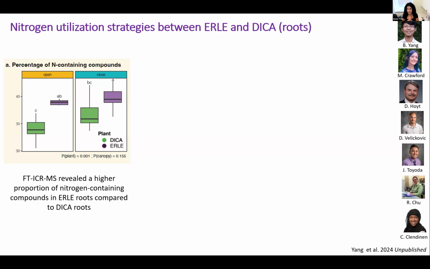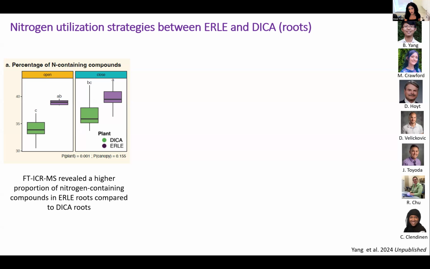As you can see from this data, we have a much higher proportion of nitrogen-containing compounds in the roots of the invasive species, which again is in purple, compared to the native species in green, which is consistent with the fact that the biomass of this plant has much more nitrogen compounds. That is a good correlation between the C to N ratio and the FTICR data. So if you have more nitrogen content based on a total nitrogen analyzer, we're seeing from the FTICR data a higher abundance of nitrogen-containing compounds.